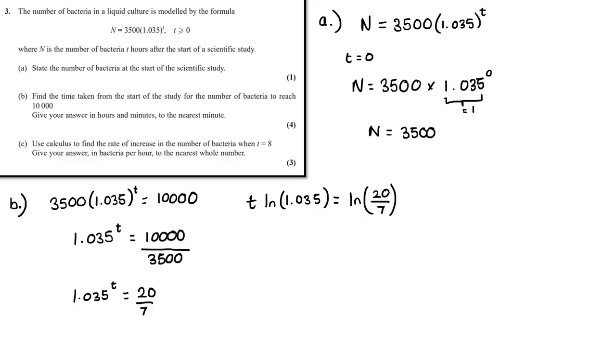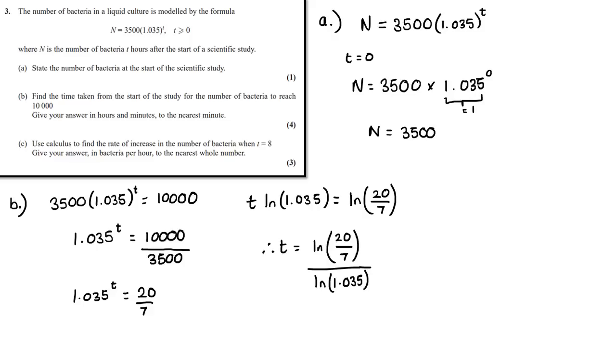Okay? But remember, we just want the value of t, so we divide by the natural logarithm of 1.035. So therefore, t is equal to the natural logarithm of 20 over 7 divided by the natural logarithm of 1.035 there. Okay, so that gets us the next 4 marks, part B.